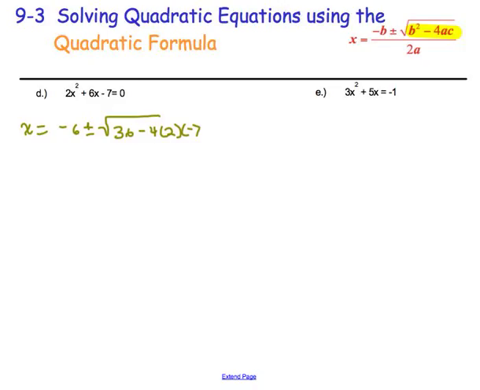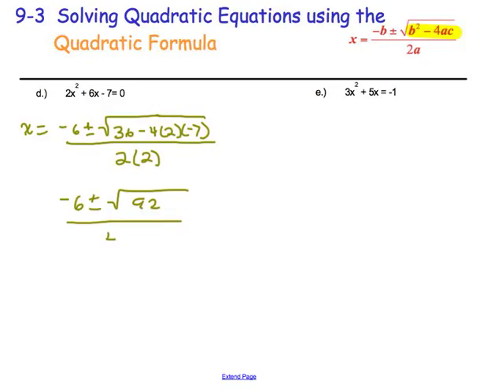So it looks like the discriminant is going to be 36 plus, that'd be 28 times 2, 36 plus 56. So that's 92. And negative 6 plus or minus, and that would be over 4.